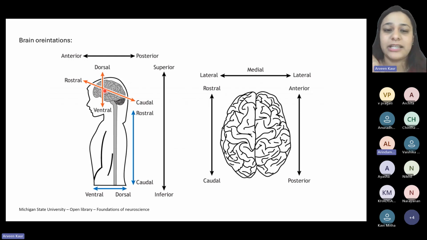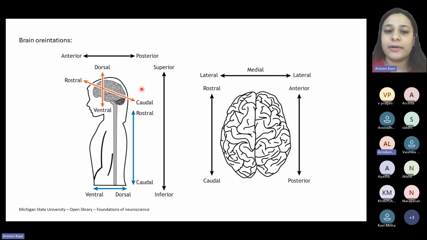What does this person mean when she says left of the pineal gland? What does she mean when she says right of the pineal gland? Right? So, first of all, you'll have to know where the pineal gland is for that, right? So that is not always possible. So sometimes we will go through some generic terms as to how we can talk to somebody about certain regions of the brain, right? And your MRI, CT reports also often name brain regions based on these terminologies, right?